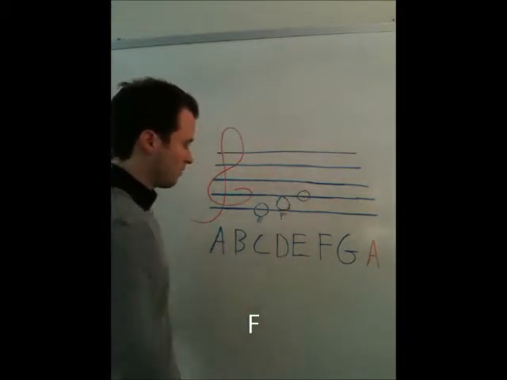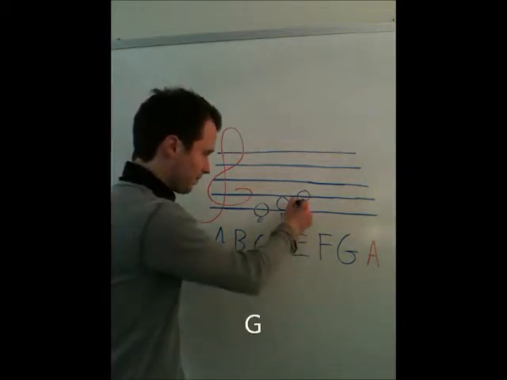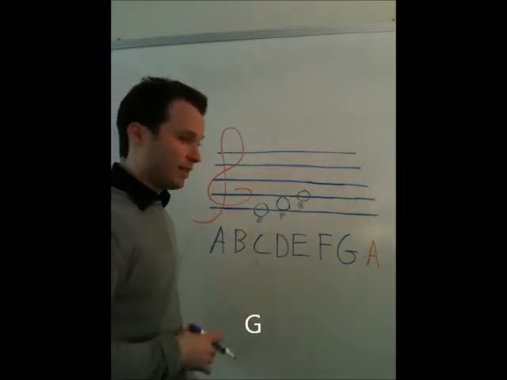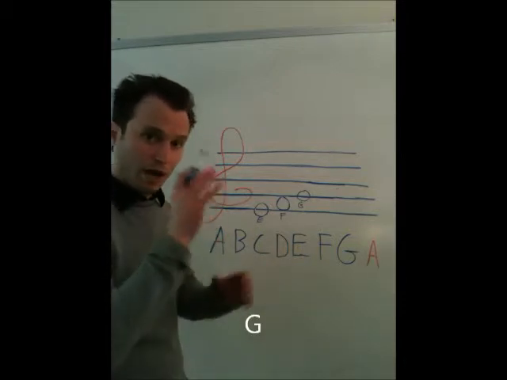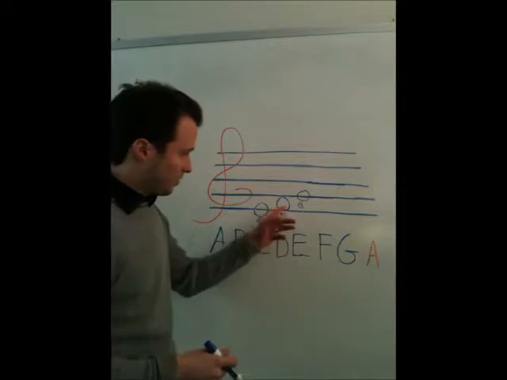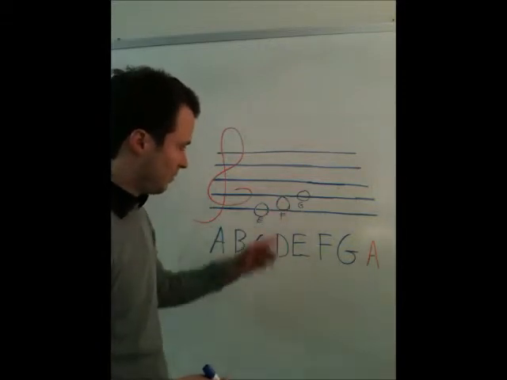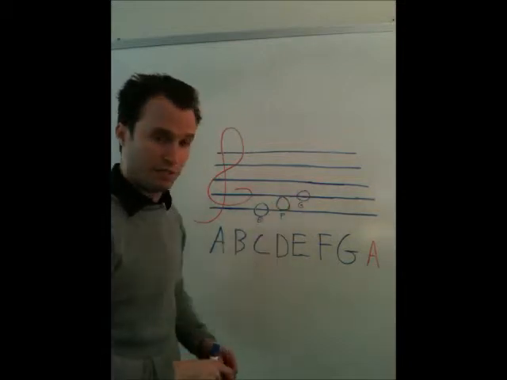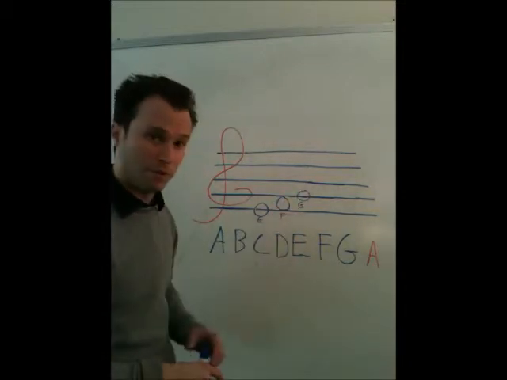This, of course, would be G. And it's as simple as that, and if you get enough practice with this, you'll be able to just memorize where certain notes are at, as well as looking at some things in terms of the steps.